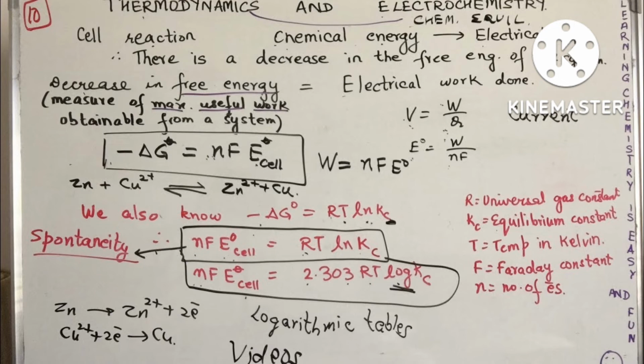First problem: calculate standard delta G for the conversion of oxygen to ozone at 298 Kelvin. Oxygen is O2 and O3 is ozone.